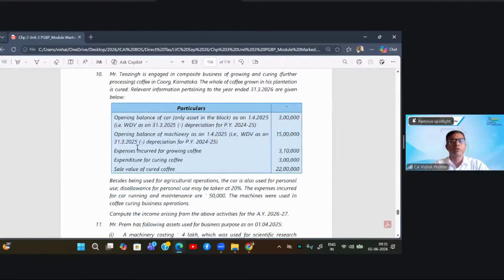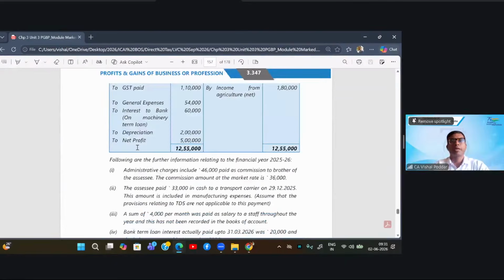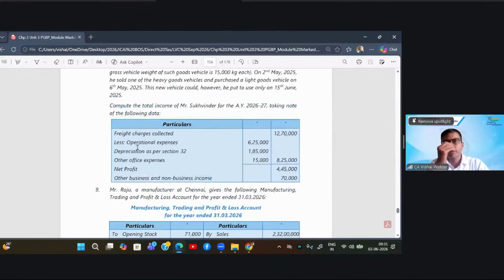So from 3 to 9, except question number 8. See, the more you practice, the more these concepts will be clear and strong. So you have to solve 3 to 9, except question number 8. Fine, students.